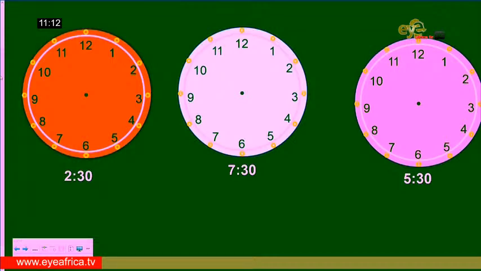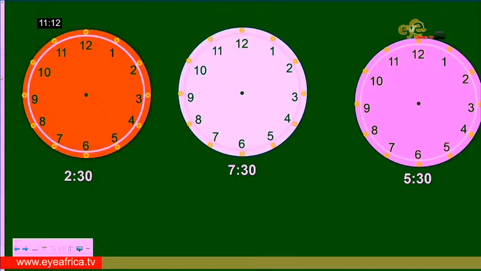Let's move to the second clock, the clock with a blue color. There it says 7:30. Therefore, the longer hand should be at where? At 6, because it is 30.